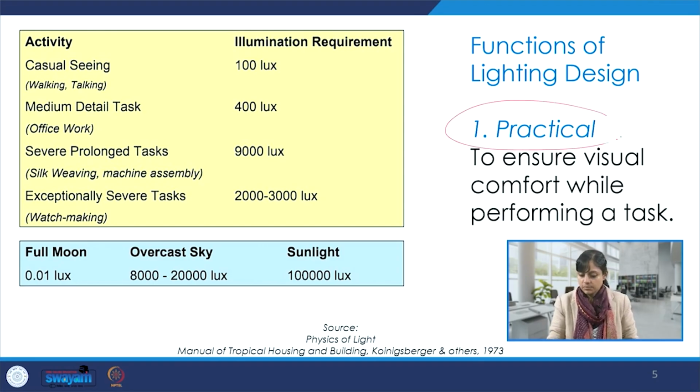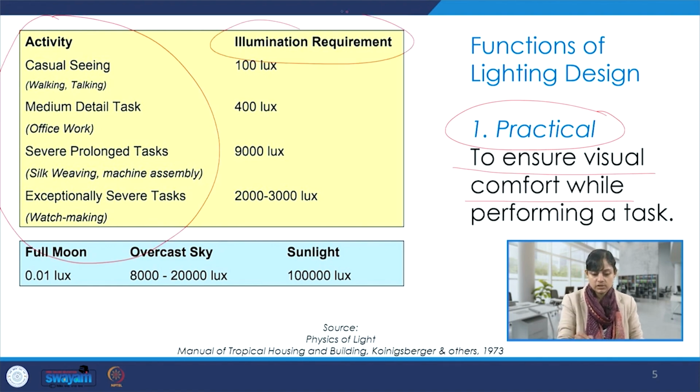Practicality is one of the most important functions, and it ensures visual comfort while performing a task. For a task or activity there is a certain illumination, the lux levels required for us to be able to perform that task. That is of course related to the functionality.